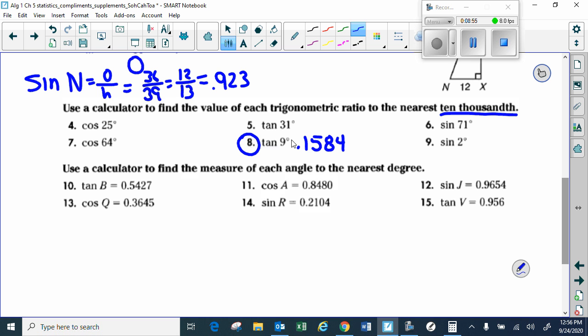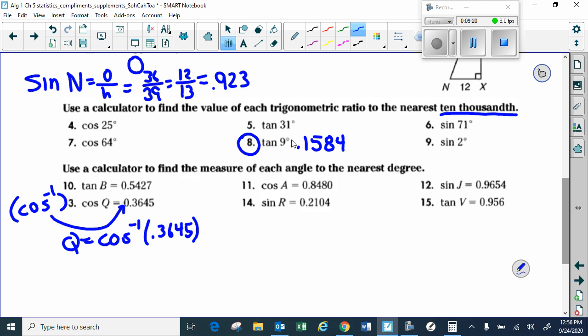Use a calculator to find the measure of each angle. So remember, we have to get rid of the trig function. To get rid of tangent, I apply inverse tangent to both sides. We've been doing tangent enough, so let's pick a different one. Let's go cosine. I apply inverse cosine on both sides. So Q equals inverse cosine of 0.3645. I hit inverse on my calculator.